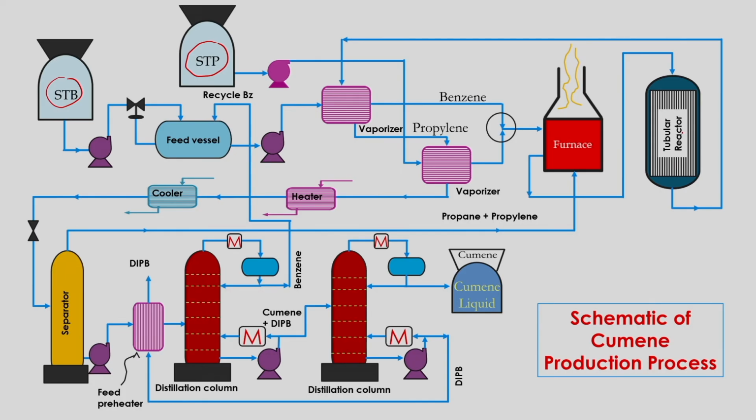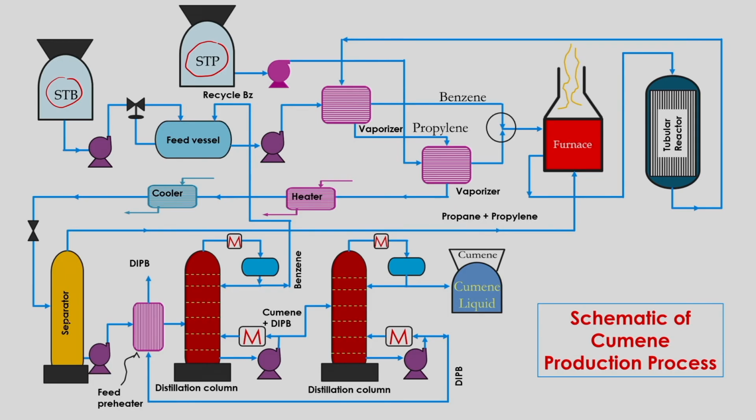In the tubular reactor, phosphoric acid is used as the catalyst. The output of that reactor is sent to the separator through a vaporizer, where the outlet stream of the reactor is utilized to heat up the benzene and propylene before entering the reactor, and the furnace.